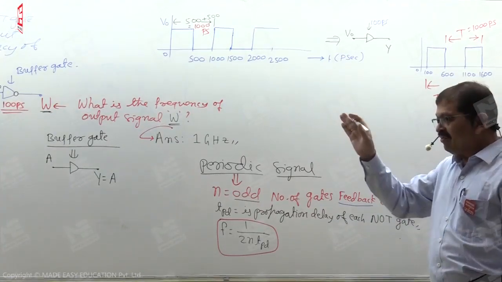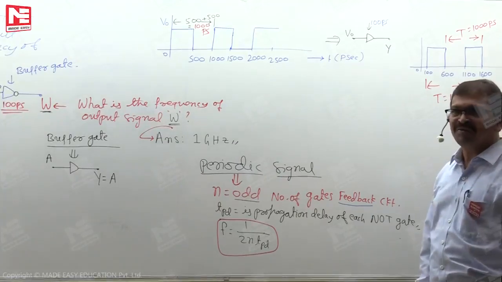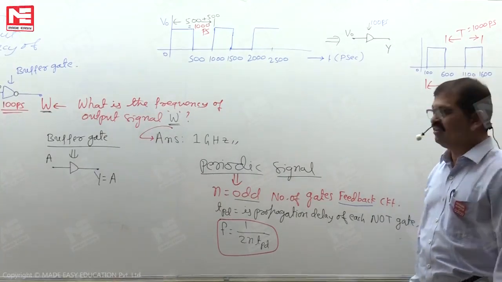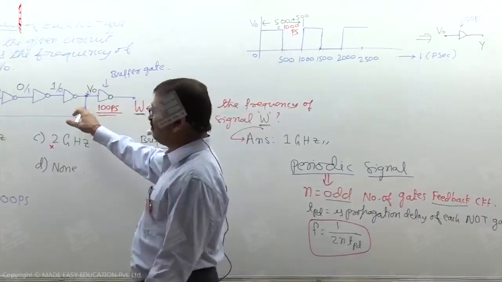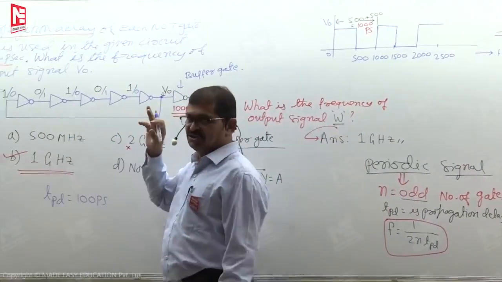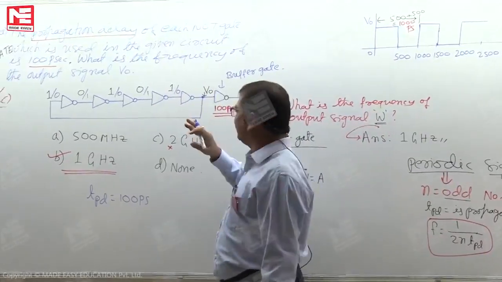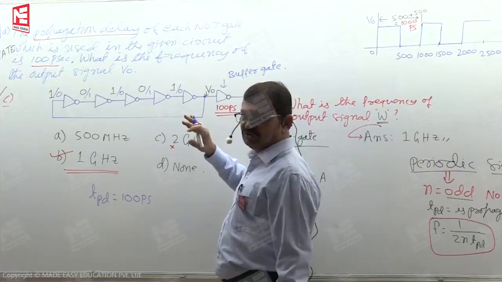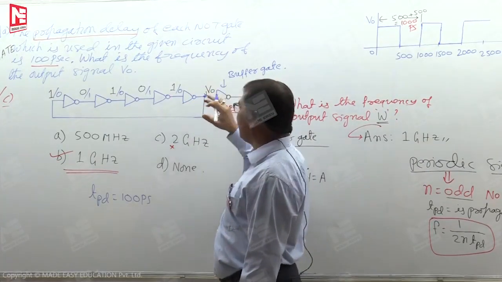The NOT gate outside the feedback circuit does not play any role in signal generation. For signal generation, the role comes only from the feedback circuit logic gates. The signal which is generated is from the point V0, so for generating V0, this gate has no role.